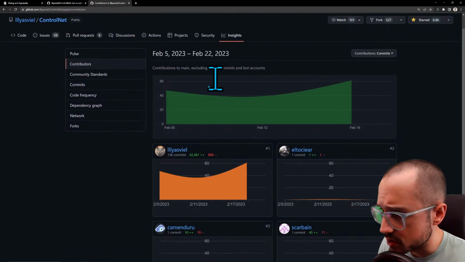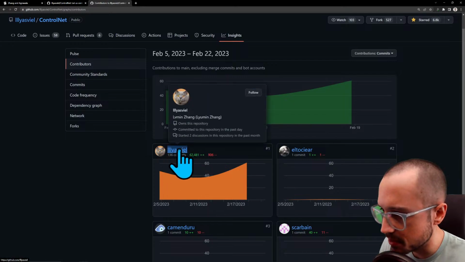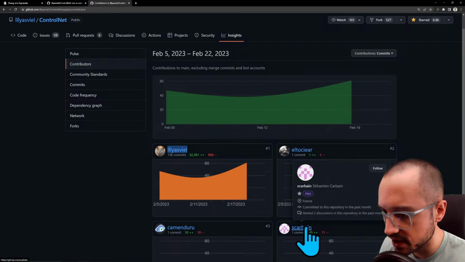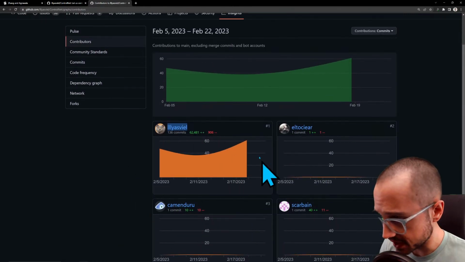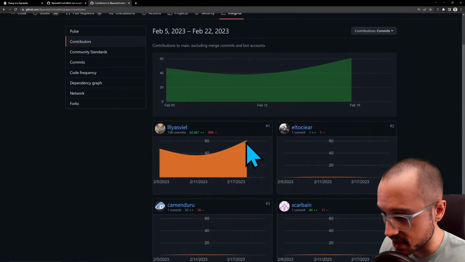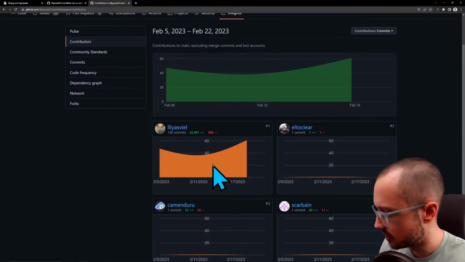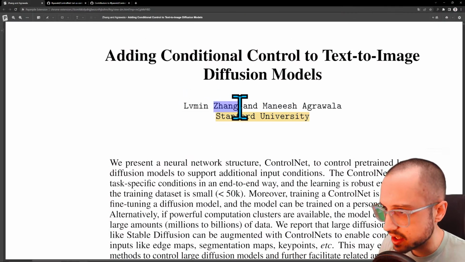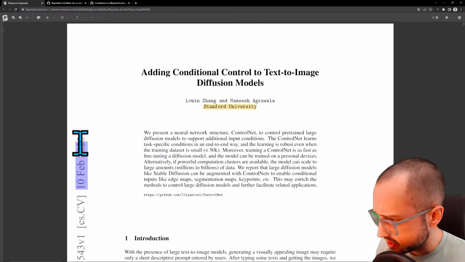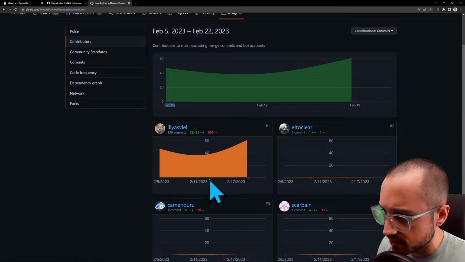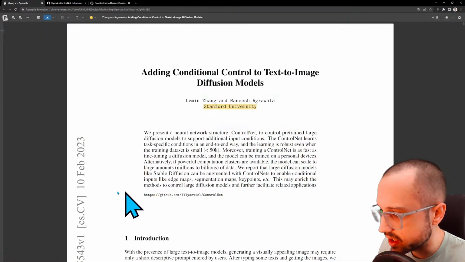If we look at the contributors for this GitHub repo, this is Lvmin Zhang, and then I assume this is probably, no, that's a different guy. Actually, ControlNet seems to basically be the work of this guy here, right? You look at the contributions, it's almost entirely this person, and I guess this is probably the advisor. Really recent work, 10 February 2023, and of course the GitHub repo itself is really only February 5, so this stuff is fresh off the press.